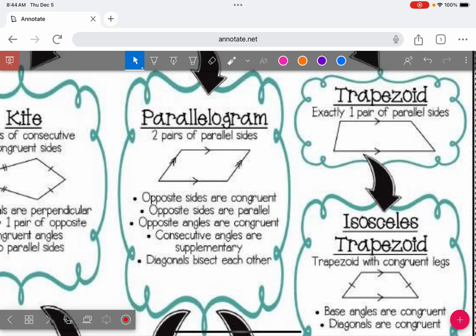And in the parallelogram family, we defined it as a four-sided figure that had two pairs of parallel sides. In addition to those opposite sides being parallel, the opposite sides are congruent as well. The opposite angles are congruent, and then consecutive angles are supplementary. That means consecutive angles, this angle and this angle, would add to 180.